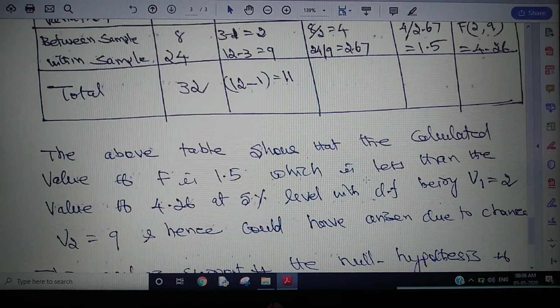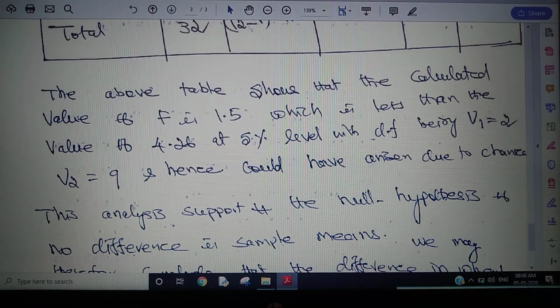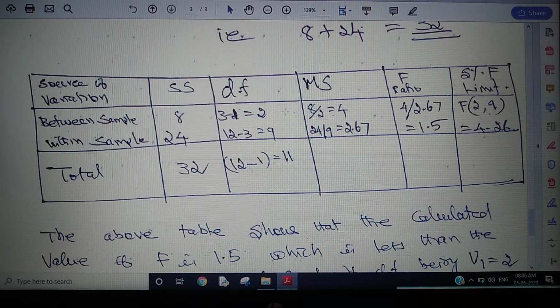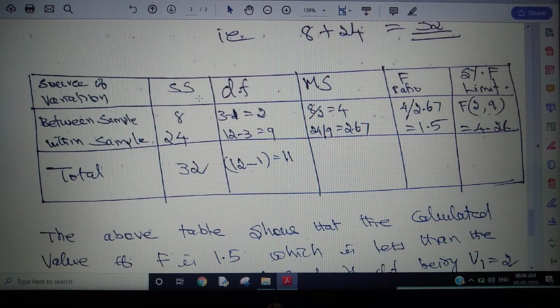Based on the above table, the calculated value of F is 1.5, which is less than the table value of 4.26 at the 5% significance level with degrees of freedom 2 and 9. The F ratio is the calculated value: 4 divided by 2.67 is 1.5.